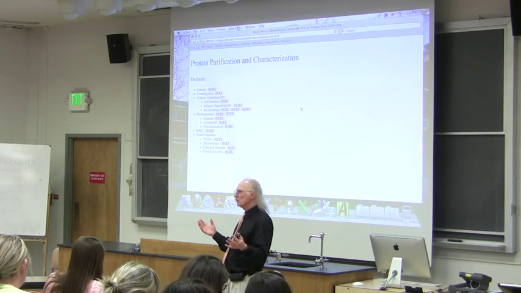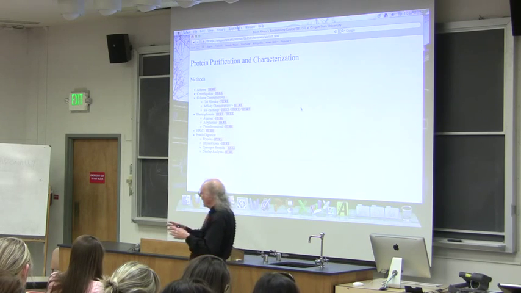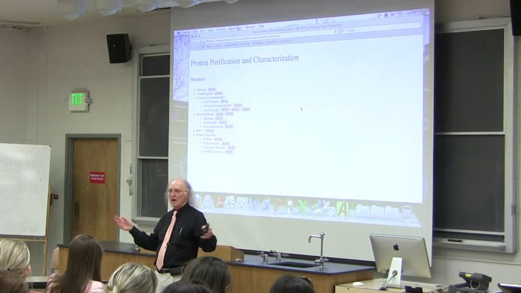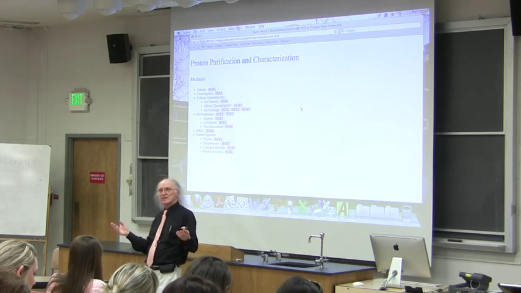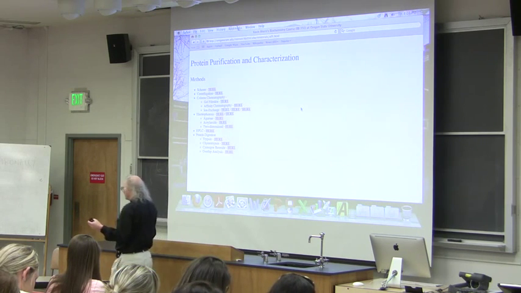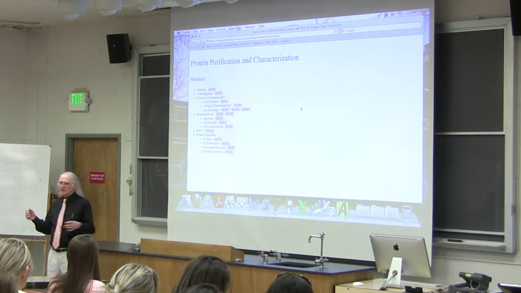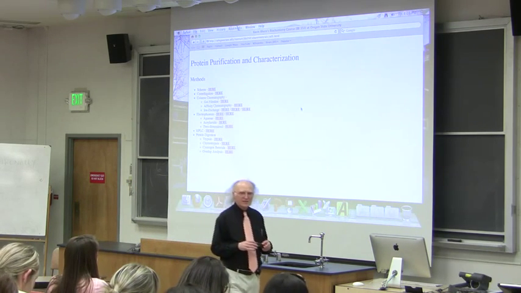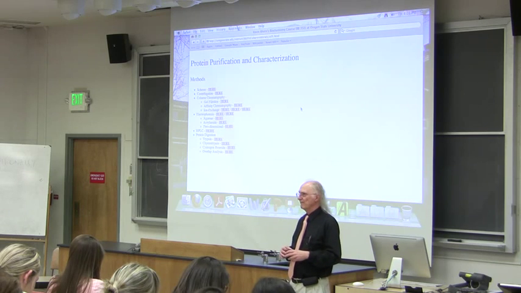So I hope that you recognize that proteins can have a variety of charges based on what kinds of R groups they've got, what pH we're at, etc. We have a technique that is called isoelectric focusing.